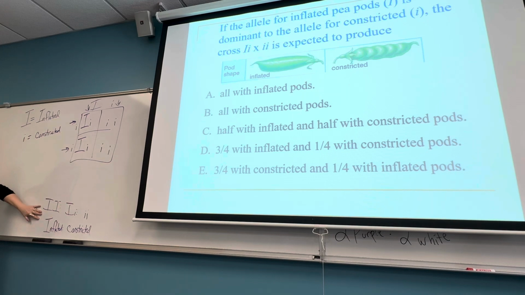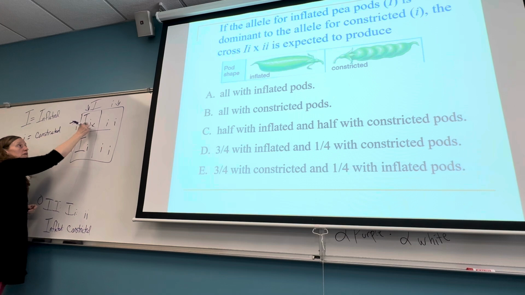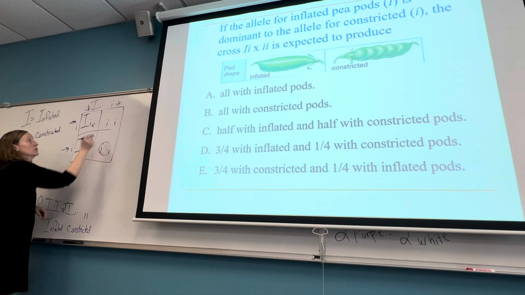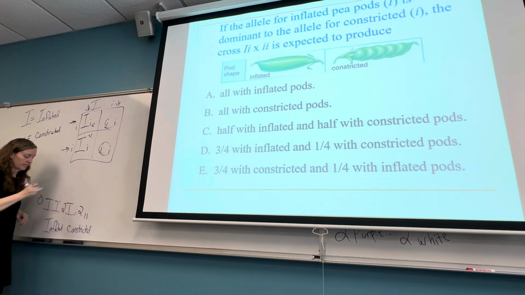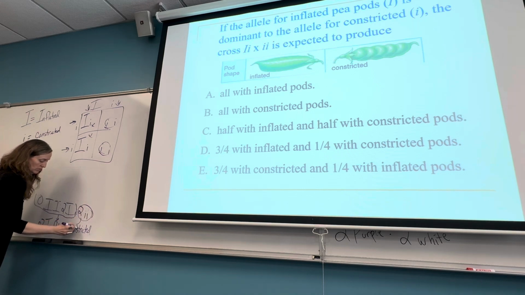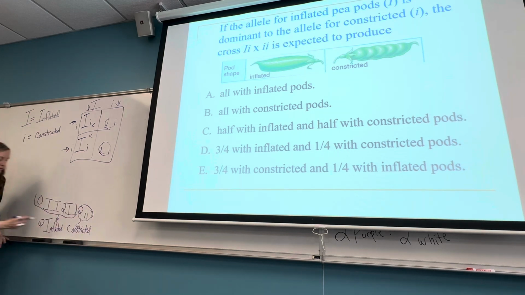Now I'm going to calculate my genotype and phenotype ratios. I don't have any big I, little I... I've got 2 big I, little I, and I've got 2 little I, little I. Translate that information into our phenotype ratio: 0 plus 2 gives me 2 inflated, and 2 little I give me 2 constricted.